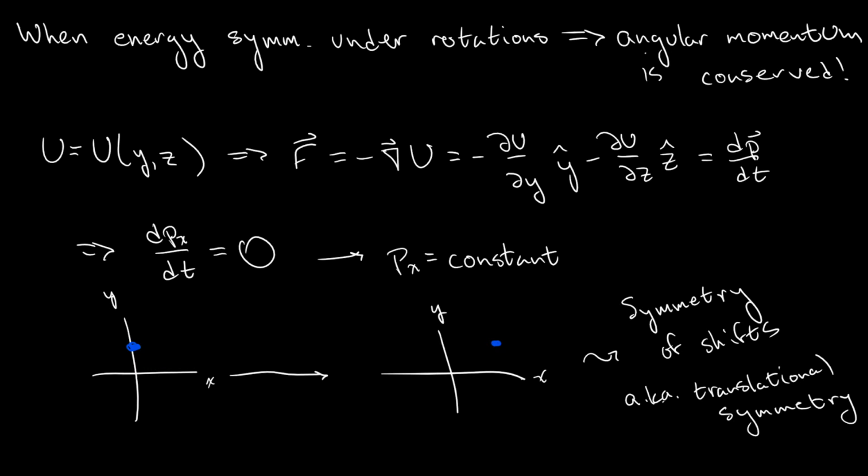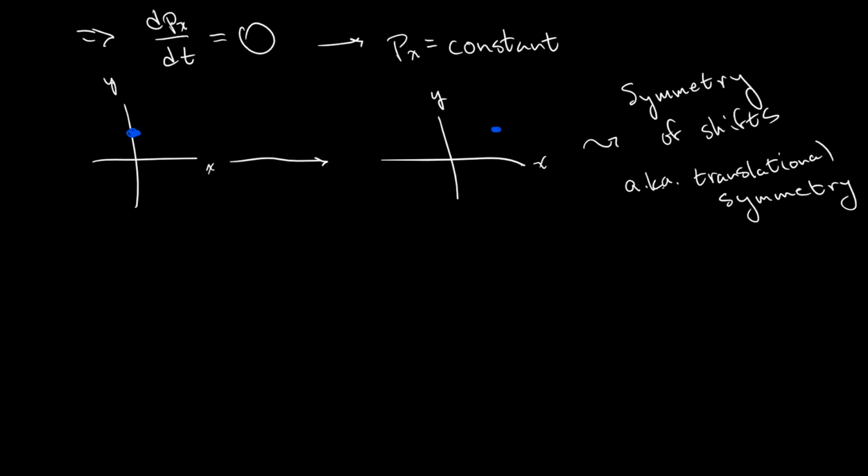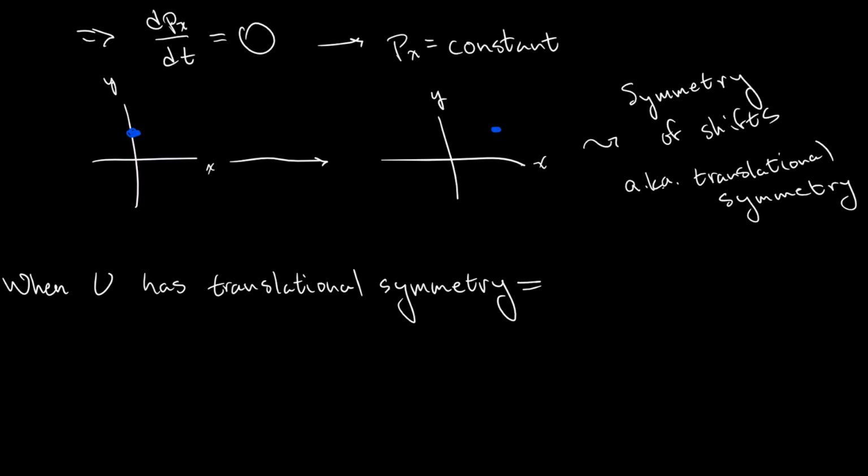So again, we see that when U has a translational symmetry, this automatically tells me that momentum is conserved. Specifically, linear momentum is conserved.